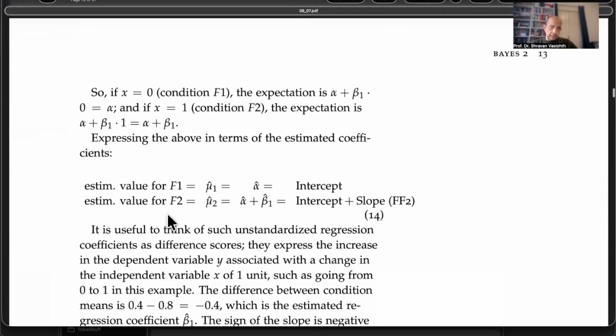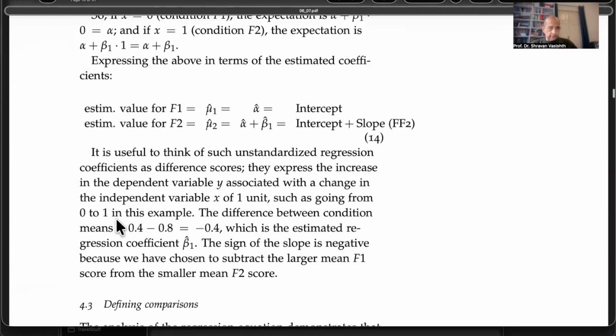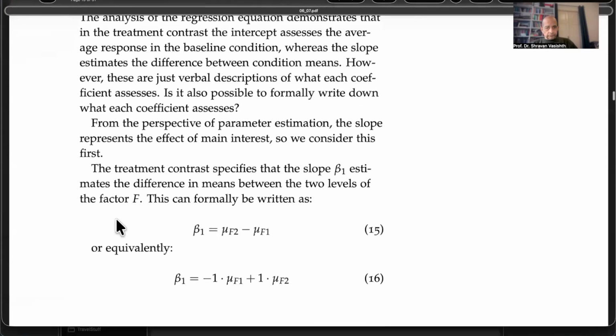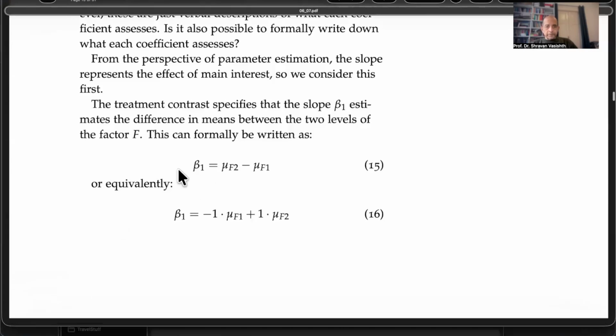And so you can see that, yeah, right. The intercept is telling you the estimated mean for F1, and alpha plus beta hat is giving you the estimated mean for F2, right? So the slope itself is just the difference between the two means, right?